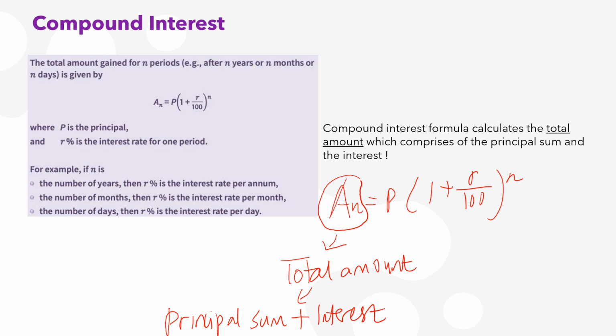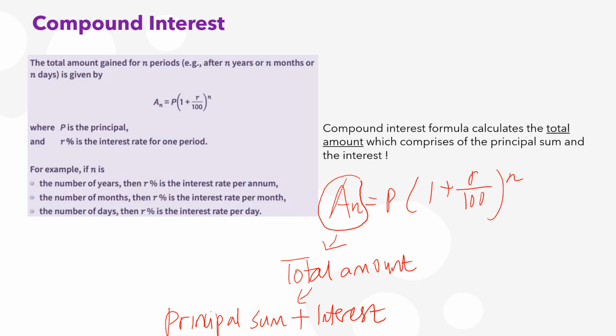So this is different from what we've done earlier. What we have done earlier are just simple calculations. The formula PRT over 100 is just used to calculate interest only. But here, if you're using compound interest, the formula A_n actually represents the total amount, which is equal to your principal sum plus interest.